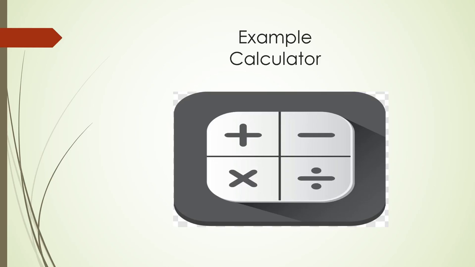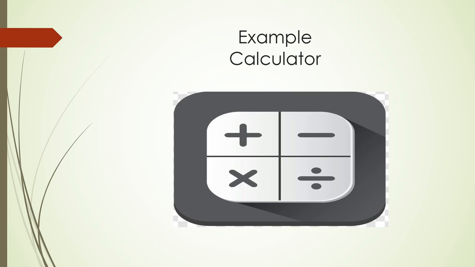Let's take one example, the example of the calculator. A calculator is a system used to perform a few arithmetic operations. It has different components like addition, subtraction, division, multiplication and so on.